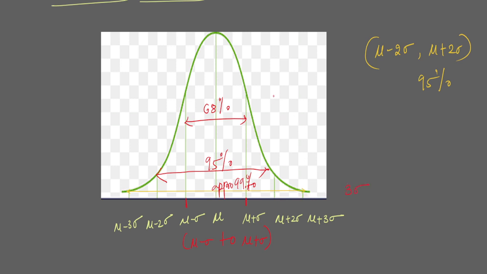So that means 99.7% of the students' heights are between mu minus 3 sigma to mu plus 3 sigma. So this is one of the important rules, which is called the empirical formula, or the 68, 95, 99.7% rule. Thank you.